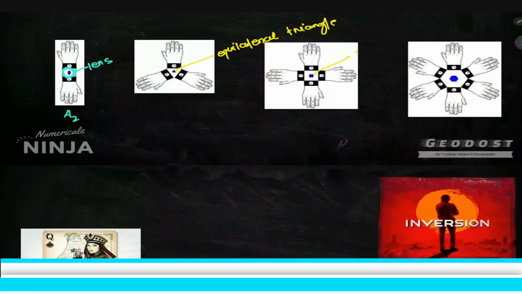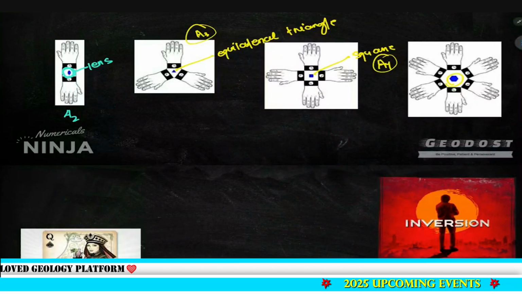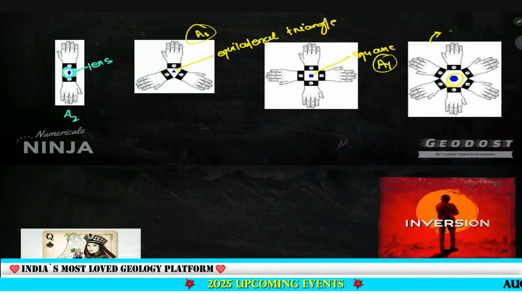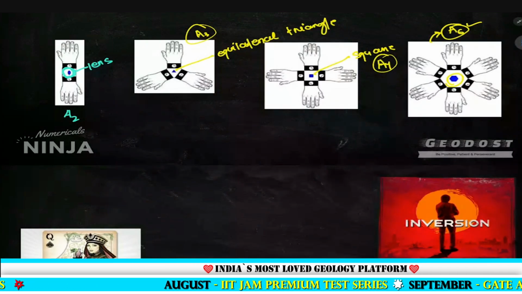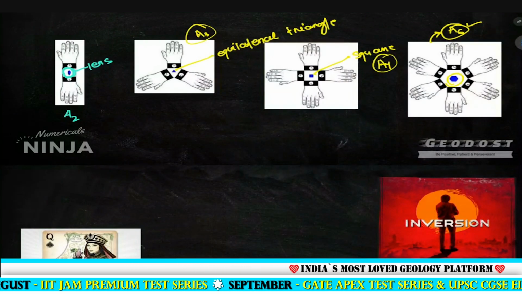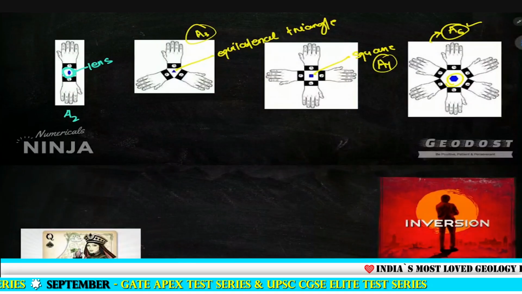Okay, and here it is a square, that means it represents A4, and here it represents three-fold axis of symmetry, and here it is a hexagon, and it is going to represent six-fold axis of symmetry. Okay, six-fold rotational axis of symmetry, you can also say.